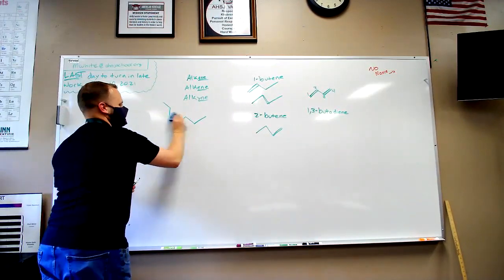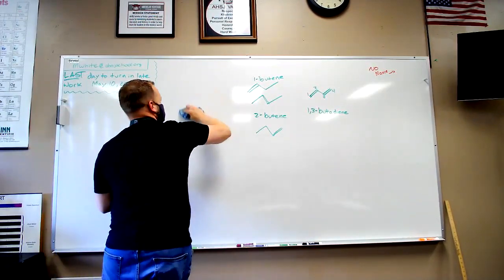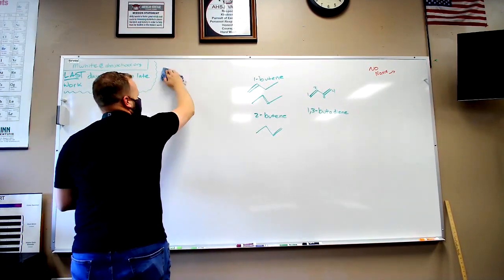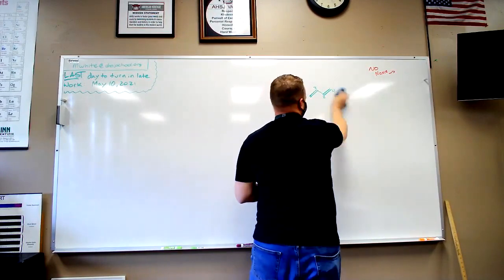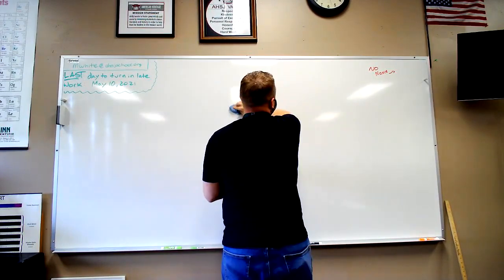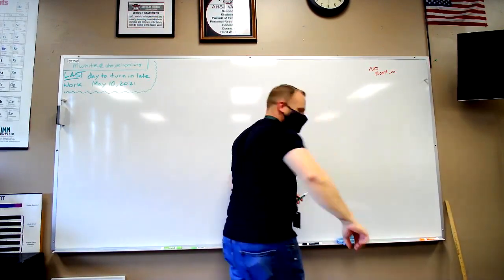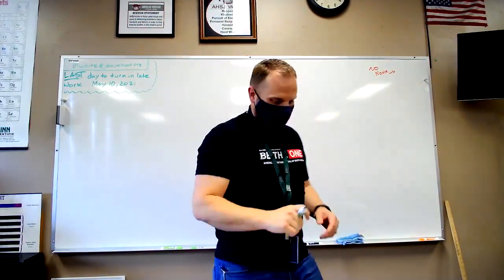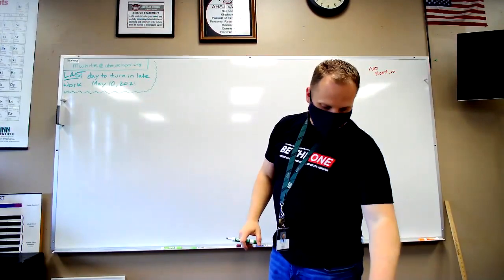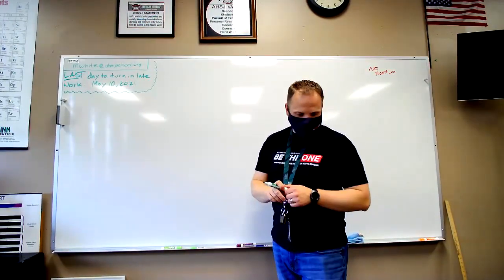Of course, just like alkanes, our alkenes can be branched. Luckily, we already know the rules about naming branched compounds. So let's just make sure we understand that.